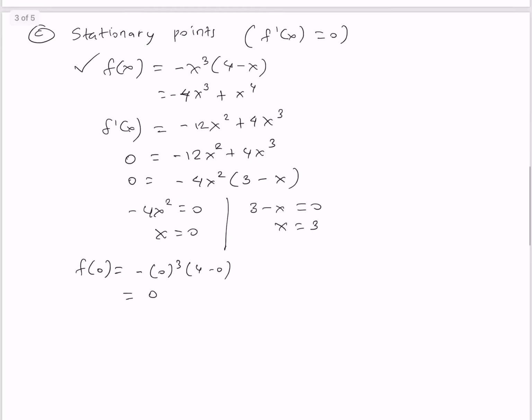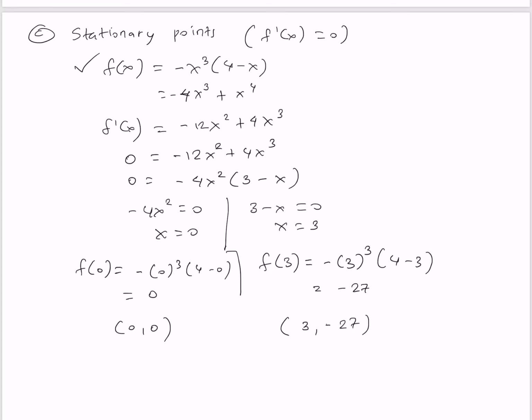So one stationary point is (0, 0). The other one is when x is 3: negative 3 cubed multiplied by (4 minus 3). That will give you negative 27. So another stationary point is (3, negative 27).